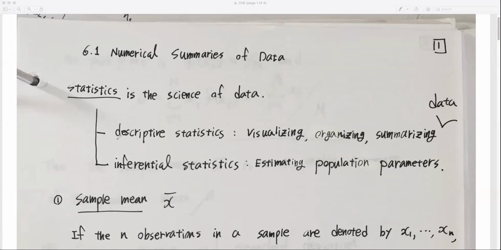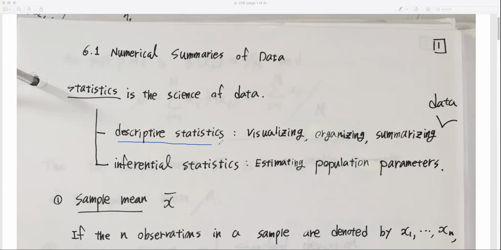From chapter 6 we're going to learn statistics. Chapters 2 through 5 were about probability, which we just finished, and chapters 6, 7, 8, 9, and I think 10 are about statistics.